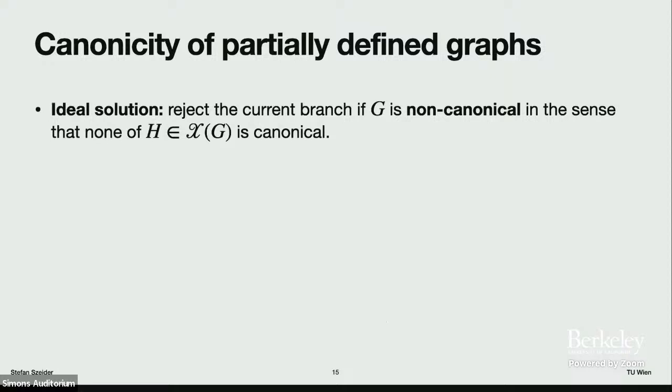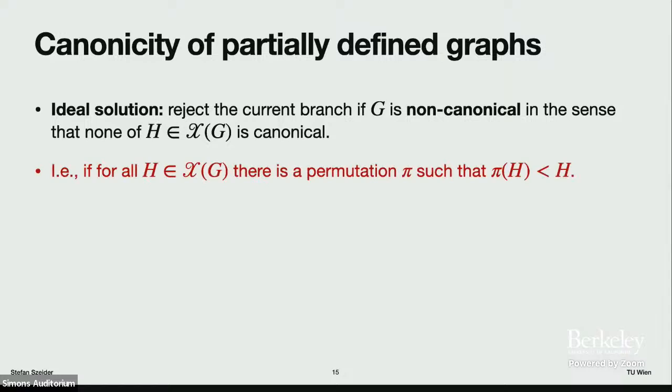So this would be ideal. This is just an equivalent statement: for all H in X of G, there is a permutation pi such that pi of H is smaller than H. So that means H is not canonical, right? I just write this here because we will use a very similar statement on the next slide.